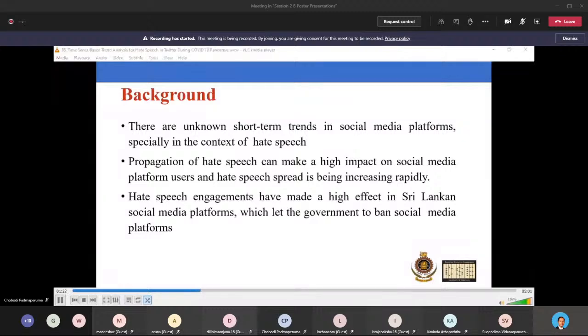We have no clue whether that is upwards or downwards. That means there is a problem that we have to solve to find out where the trend line is upwards or where the trend line is downwards. We have some previous experiences as Sri Lankans because there was a situation to completely ban the social media platforms in Sri Lanka.